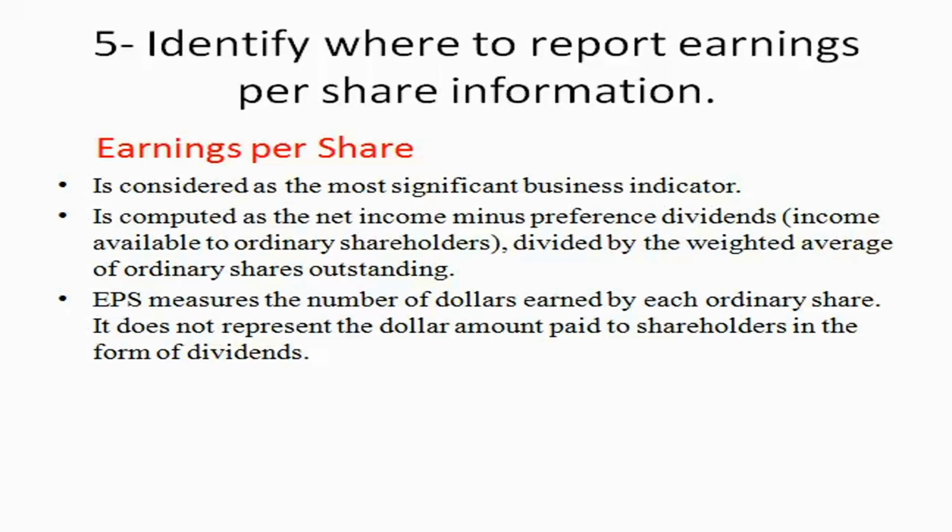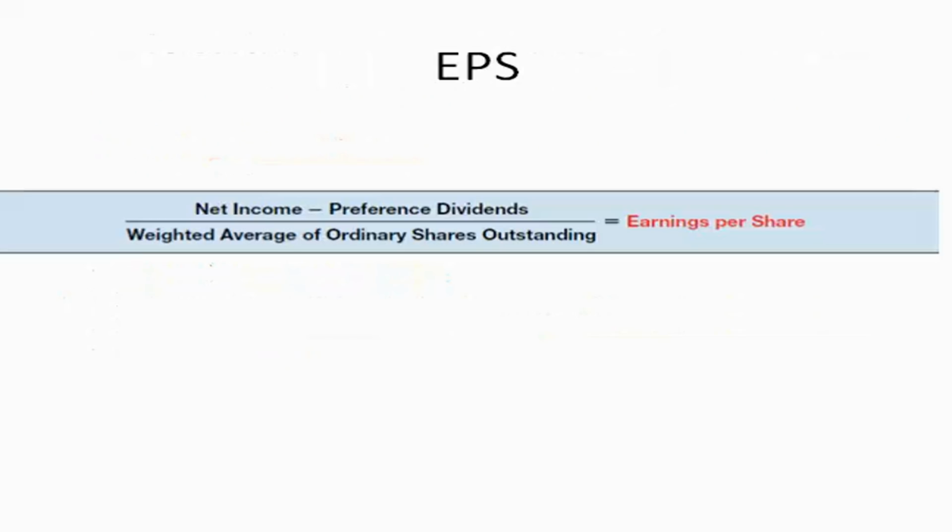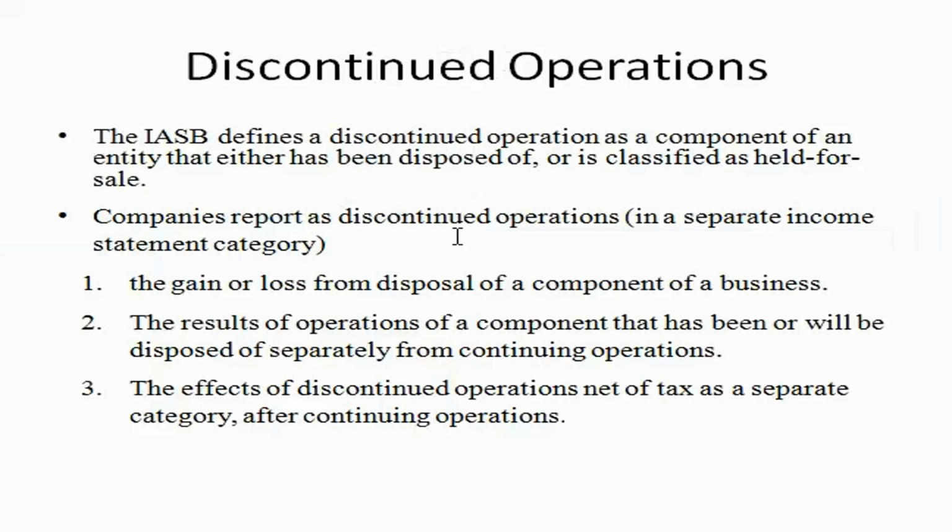The earning per share measures the number of dollars earned by each ordinary share. It does not represent the dollar amount paid to the shareholders in the form of dividends. To illustrate, earning per share is net income minus preference dividends over the weighted average of the ordinary shares outstanding.